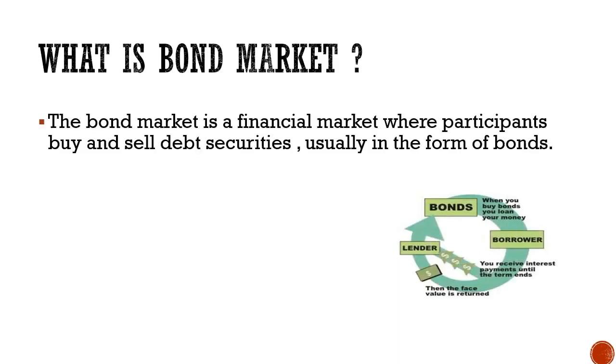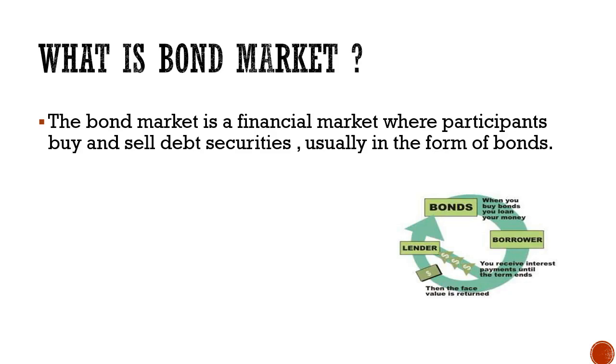Now the very first topic in your module 4 that we need to learn is what is a bond market? The bond market is a financial market where participants buy and sell debt securities, usually in the form of bonds.